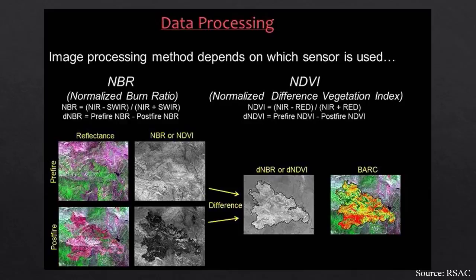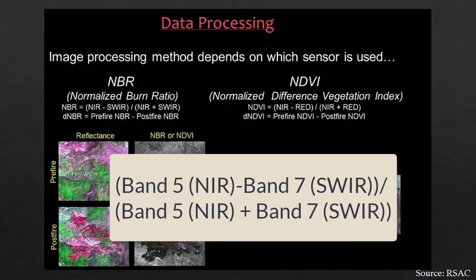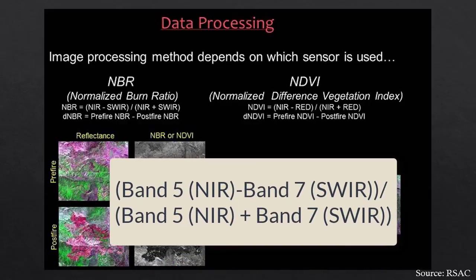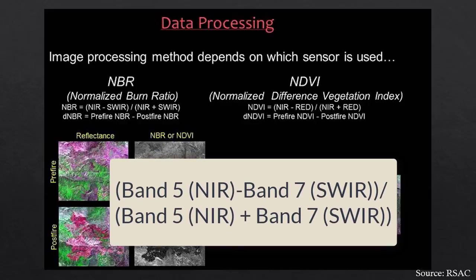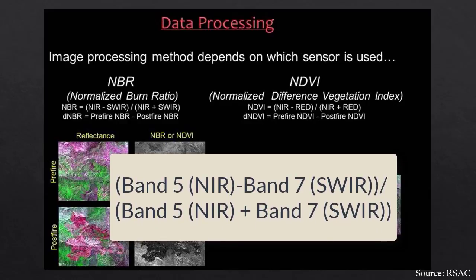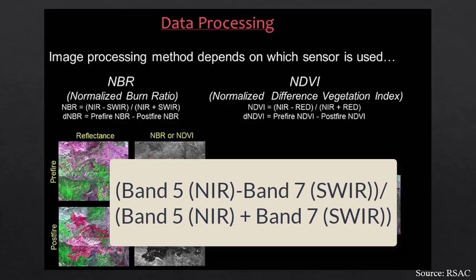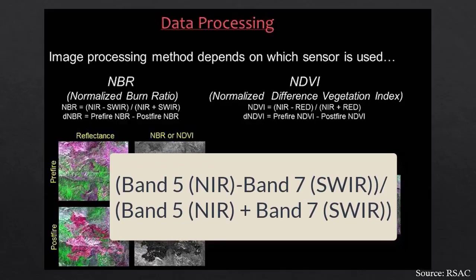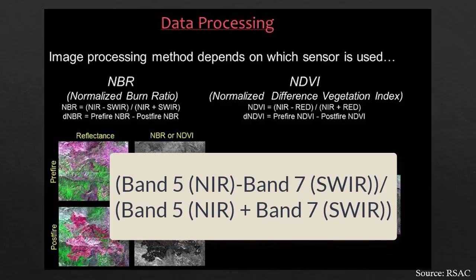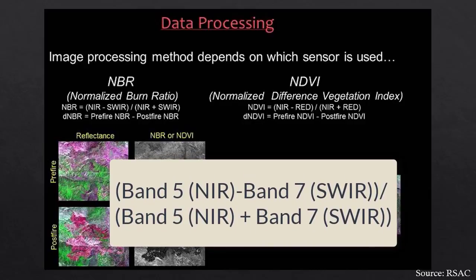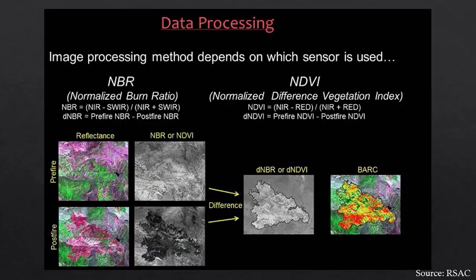NBR is computed by subtracting the reflectance value in Landsat band 5, or near-infrared, from band 7, or shortwave infrared, and then dividing by the sum of bands 5 and 7. Band 5 is selected because of the high reflectance of green vegetation in the near infrared. And band 7 is selected because of bare soil reflecting highly in this part of the electromagnetic spectrum.